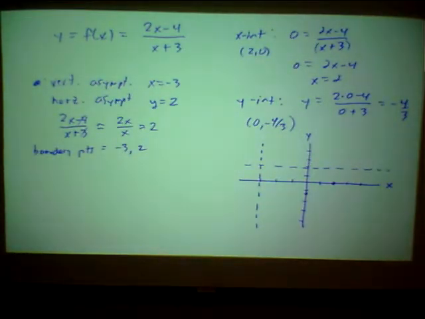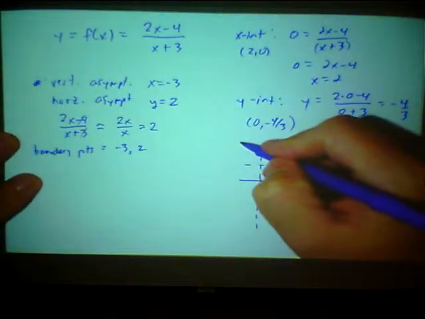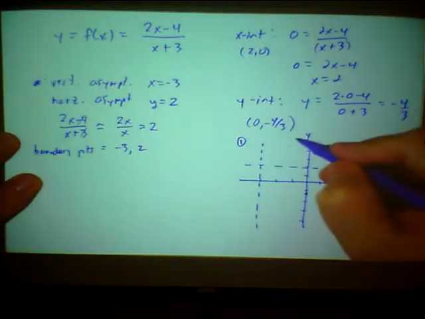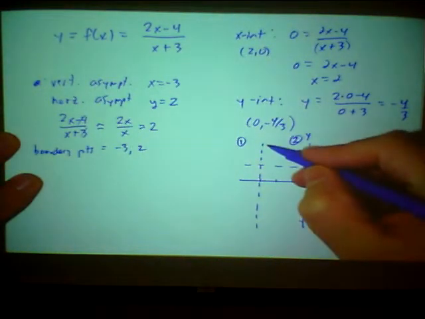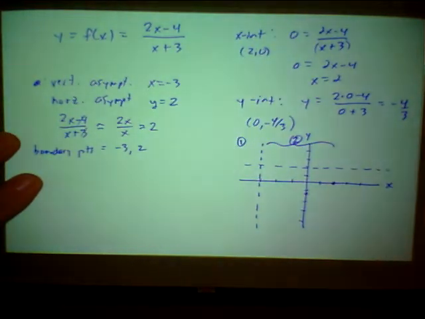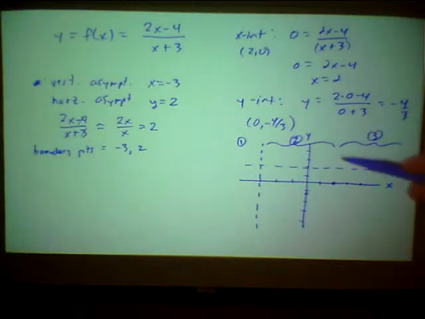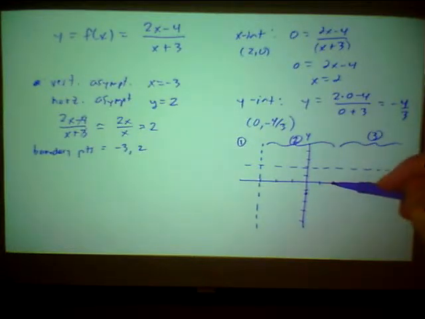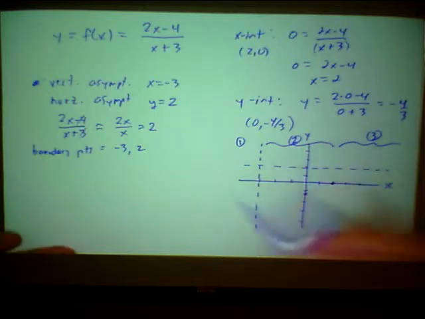I really don't want to draw a dashed line through my x-intercept because it's going to mess up my asymptotes. Really, I'd have one region here, a second region from here to here, and a third region from here to here. I don't want to draw a dashed line through this x-intercept, because then it's going to look like an asymptote. It's not an asymptote, but it is a zero or an x-intercept. So I've really got 3 regions.